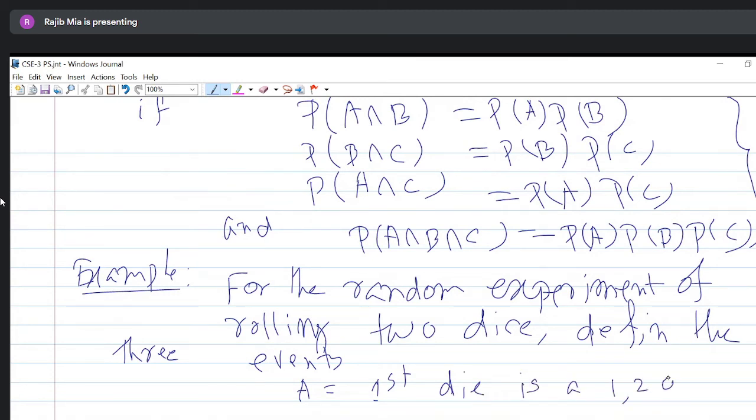B is the event that the first die is a 3, 4, or 5.